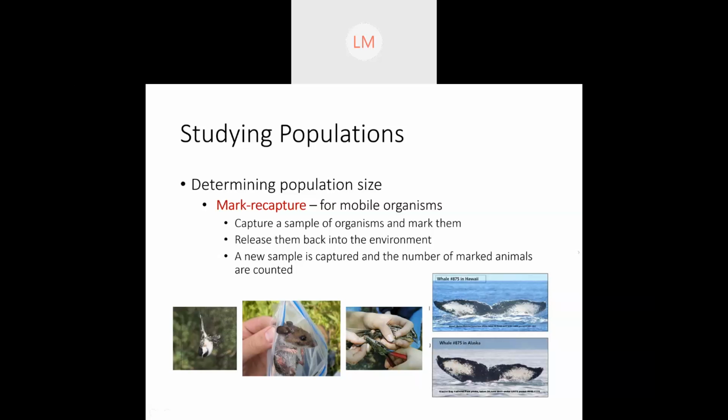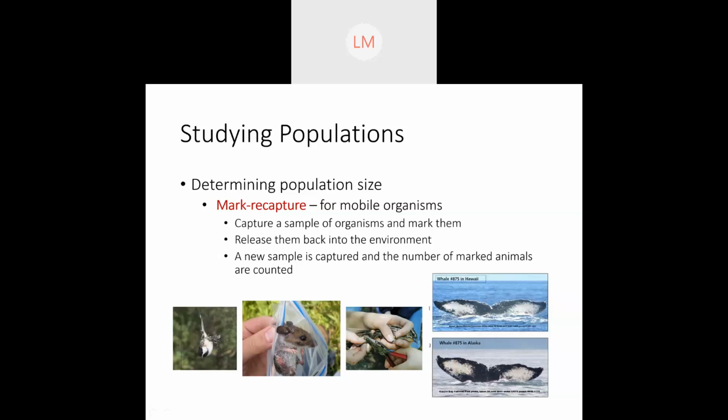Okay, so this is often used for things like mice or birds, but it can also be used for whales. Certain species of whales have individual flukes. This is called a fluke ID. You look at the fluke of the whale, and the pattern and the way that the fluke is designed on the outside tells you who that individual is.